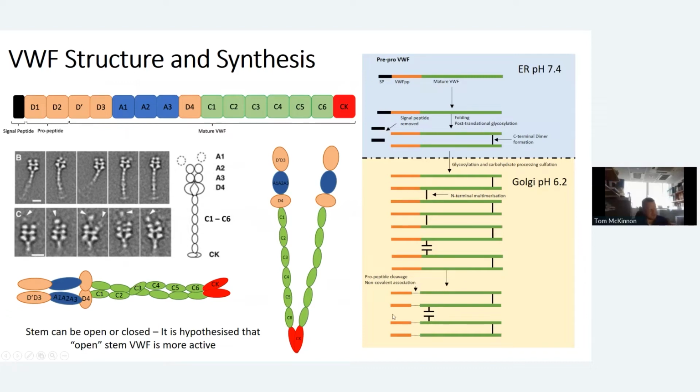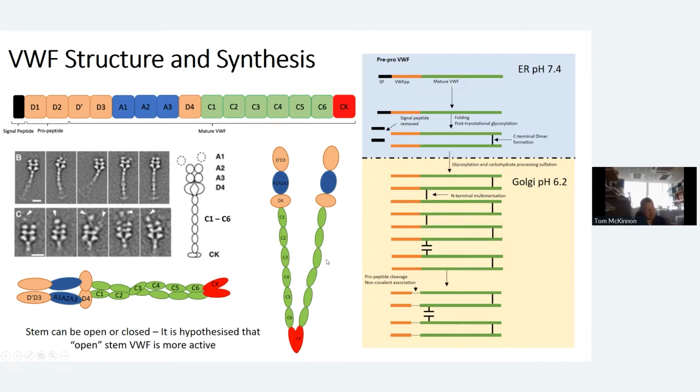Now, these electron micrographs were taken in Tim Springer's lab in America back in 2017. And what these images beautifully show is that this part of the molecule, this C-terminal bit, forms what we now refer to as the stem, with the rest of the molecule being referred to as the bouquet. So it's almost like a bunch of flowers.